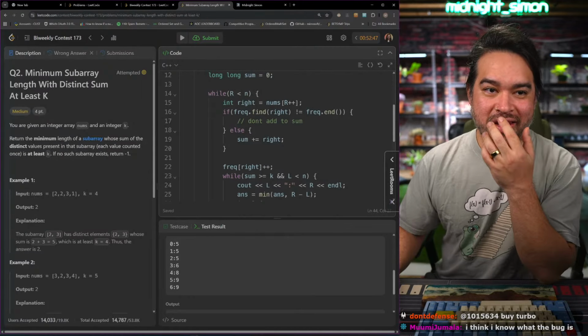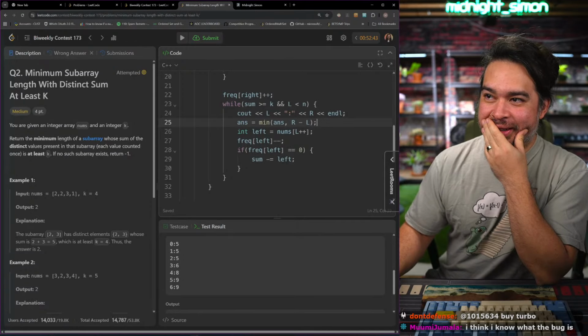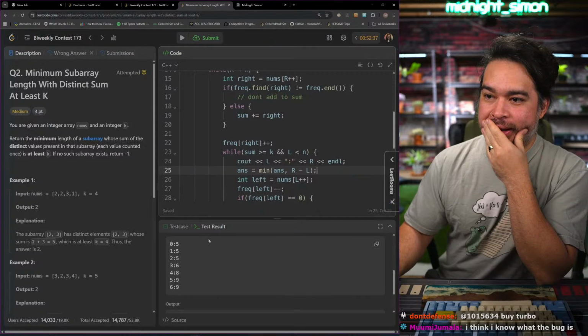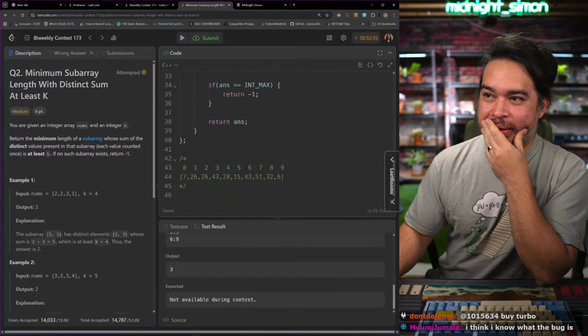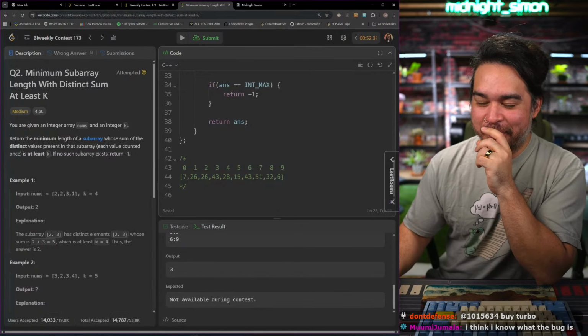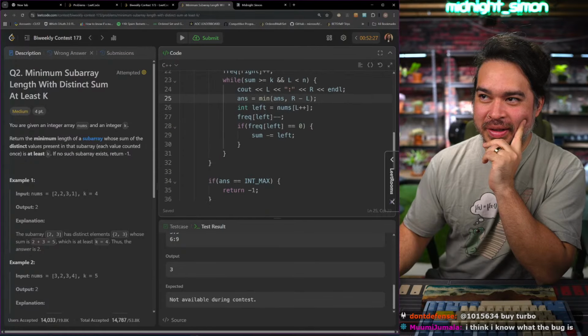Anyways, I think I know what the bug is. What is it? I think I don't know what the bug is.